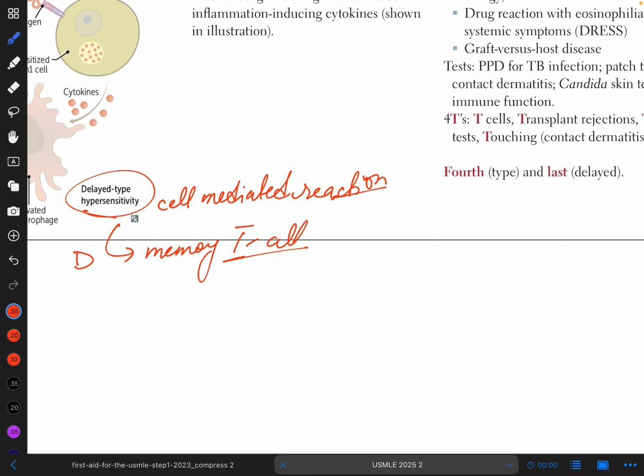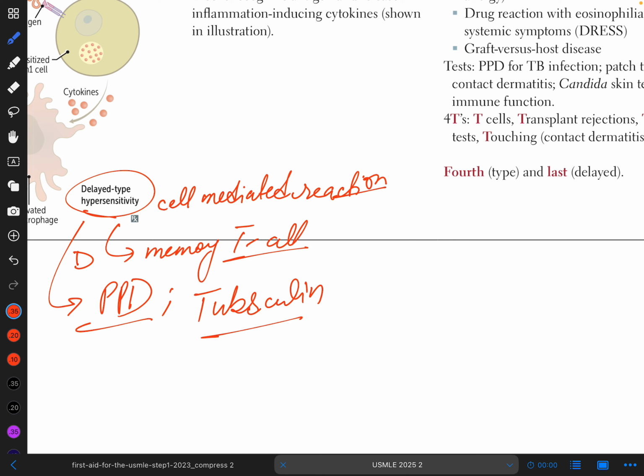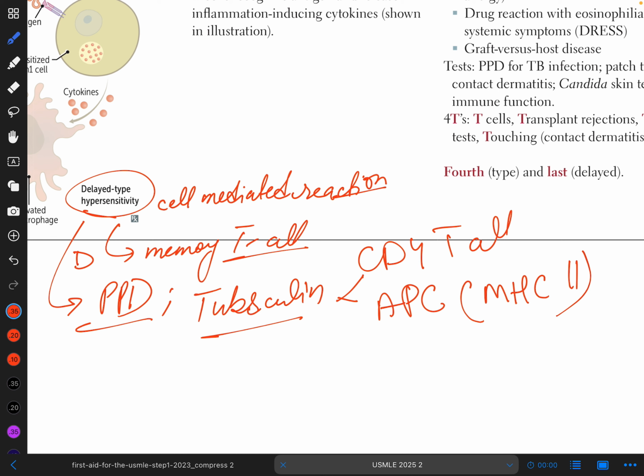A classical example is the PPD test for tuberculosis, like the Mantoux test, in which tuberculin protein is injected into the skin. A previously exposed person has memory T cells, and the CD4 T cells recognize the protein on antigen presenting cells via MHC class 2, giving a T helper 1 response.